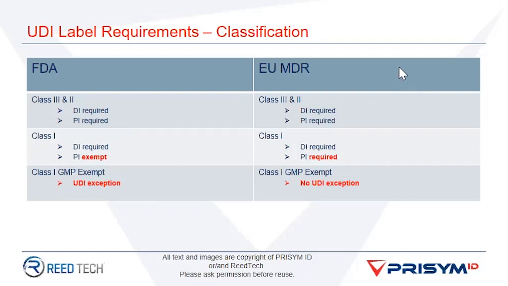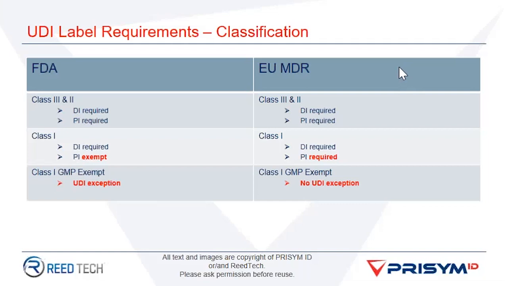Previously within the FDA, for Class 1 products, the FDA only required the DI component. The EU MDR now requires both of those, the DI and the PI, to be on this lower classification of product. So the impact of UDI for Class 1 product manufacturers actually now starts becoming more significant.